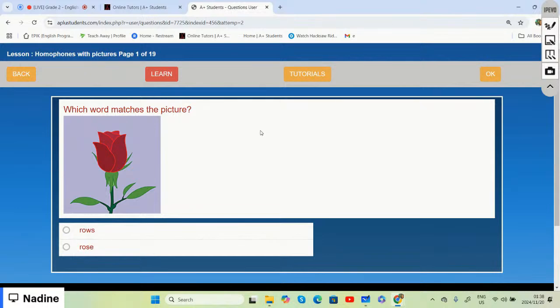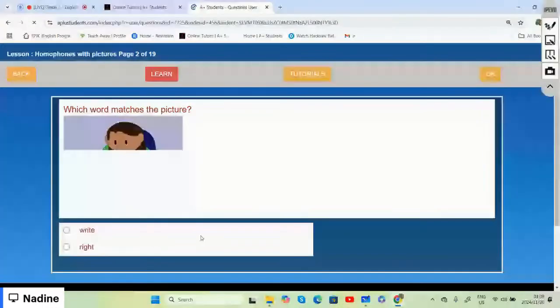And if we were to choose the correct word that matches the picture, then we're going with option two, rose. All right. So rose is correct.